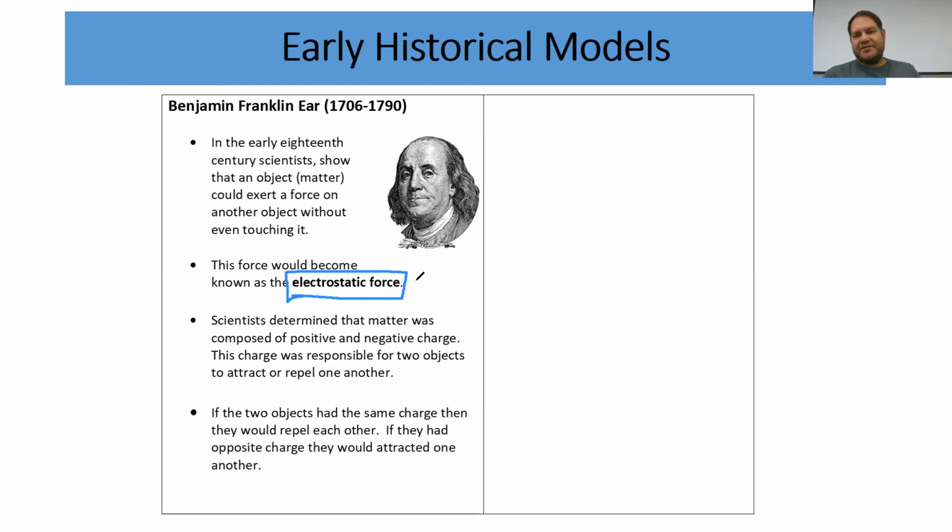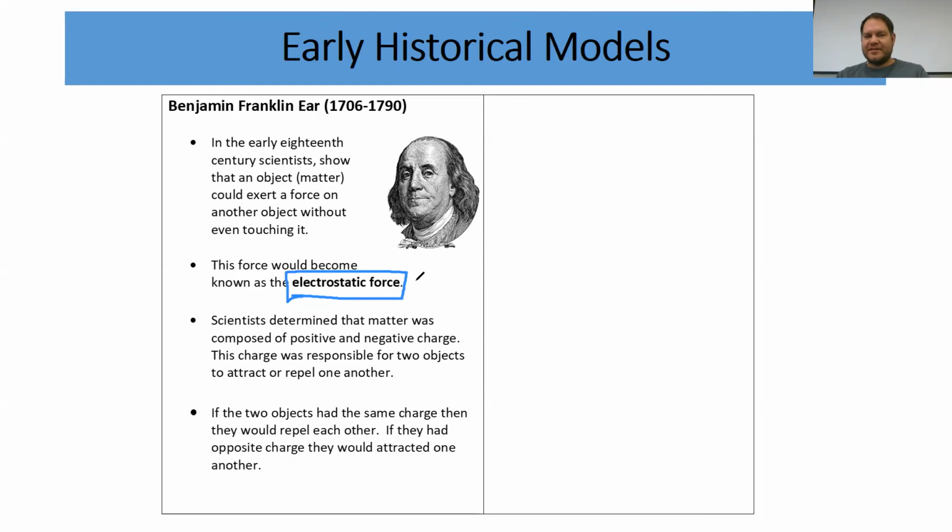The other thing they noticed was that this electrostatic force actually was stronger than the force of gravity. In fact, by today's standards, the force of gravity is quite weak compared to this electrostatic force that we know of today, okay? It's going to become super important, okay?